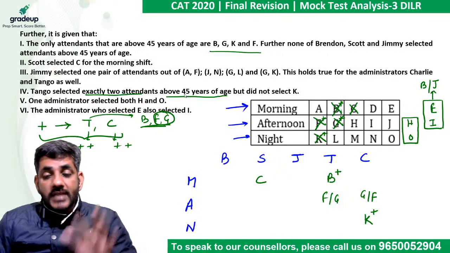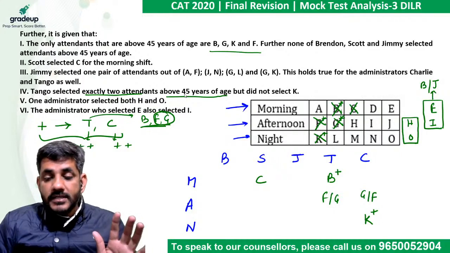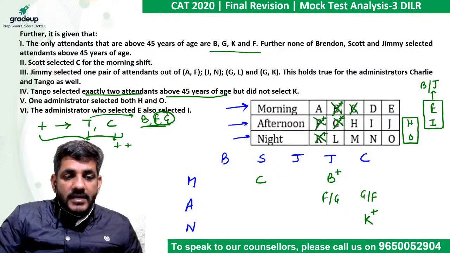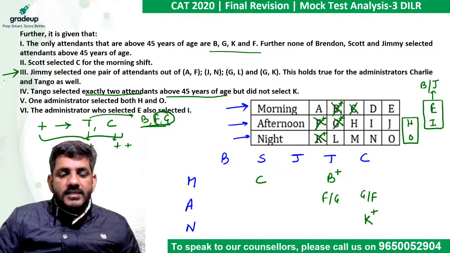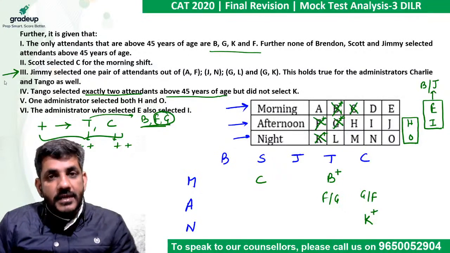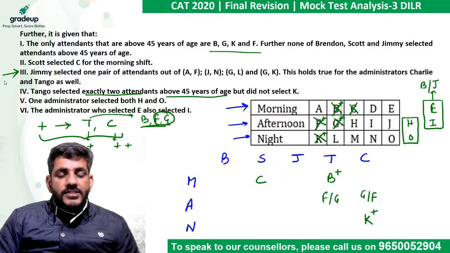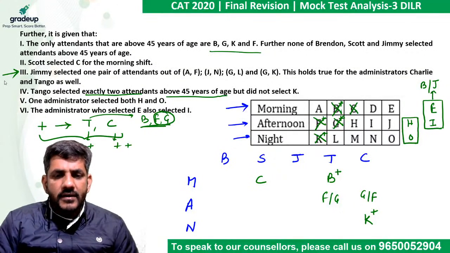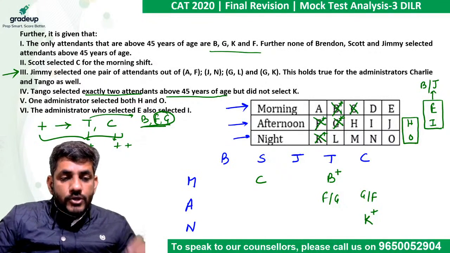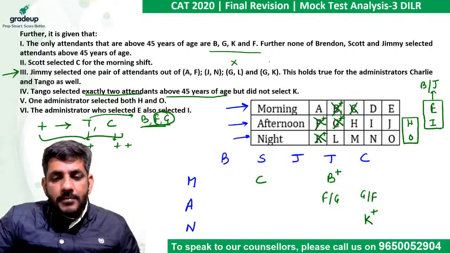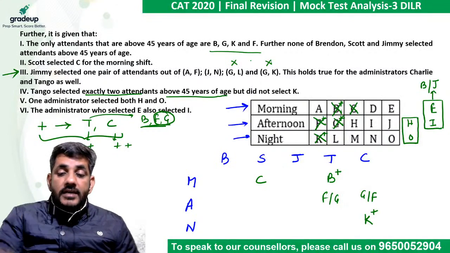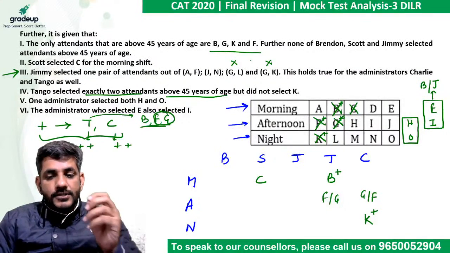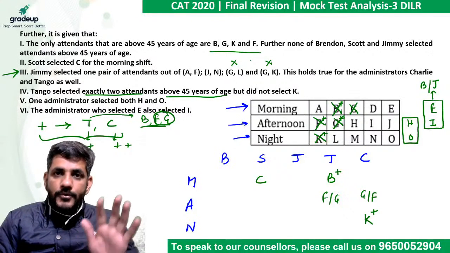Okay, so H and O will come together. We have many possibilities till now. E and I will come together. We have 2 possibilities, Brendan and Jimmy. The only condition that we have not used yet is condition number 3. Let's come to condition number 3 now. It says Jimmy selected 1 pair of attendants out of AF, JN, GL and GK. Can I surely say that pair is not GL, that pair is not GK, because G is surely selected by Tango or Charlie? I hope you got it.